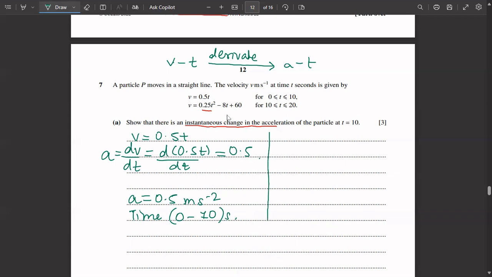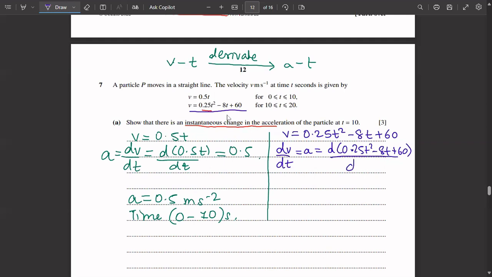Similarly, we'll find for this one, v equals 0.25t square minus 8t plus 60. So we'll differentiate this again to find the acceleration. So the acceleration will be 2 into 0.25t minus 8. So the acceleration is 0.5t minus 8.